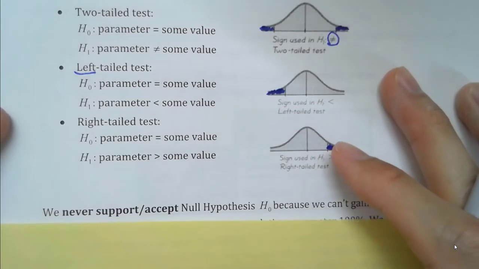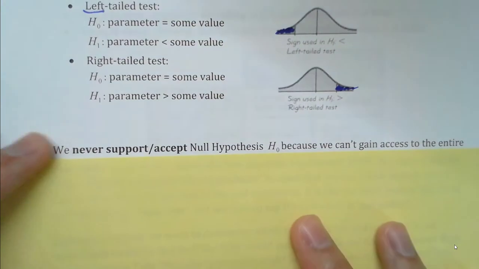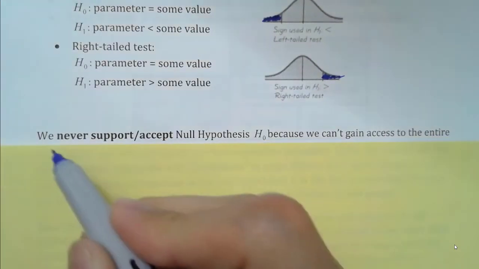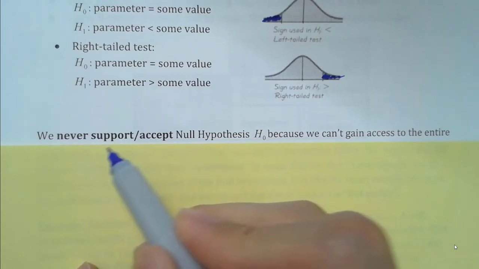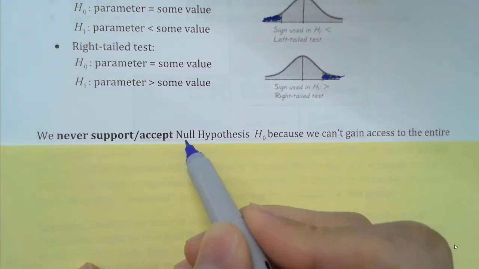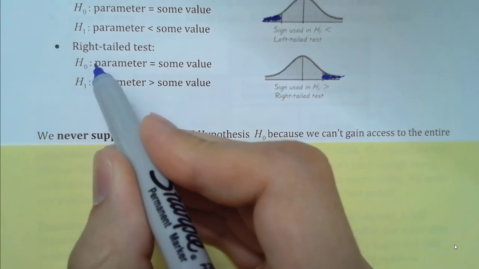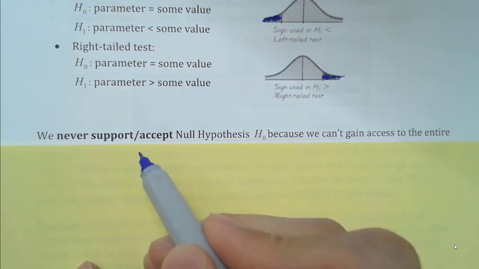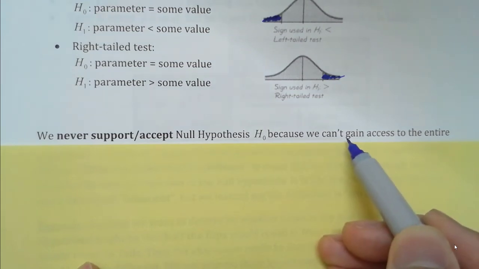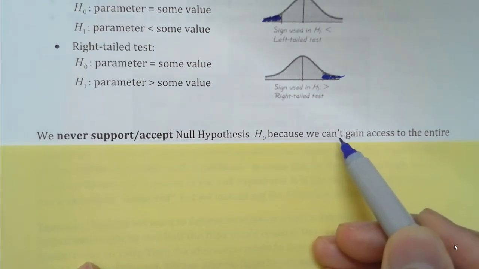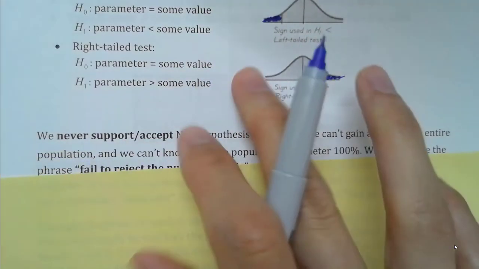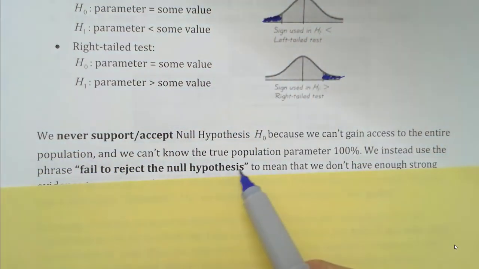Okay, let's move on to the next topic. Now, we never accept the null hypothesis. So we never support that. We never accept because we cannot gain access to the entire population, and we cannot know the true population parameter 100%.